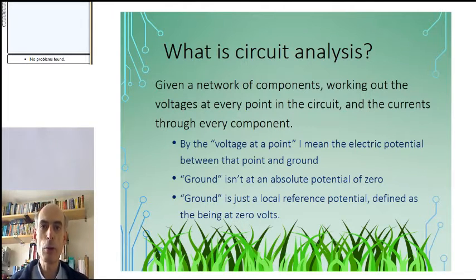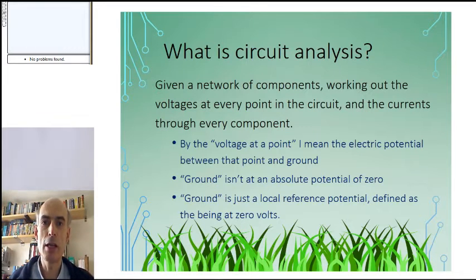Ohm's law is about the difference in voltages across a resistor. A voltage source ensures that the difference between the voltages on its two sides has a certain value. Kirchhoff's voltage law is all about the sum of the voltage changes as you move across components in a circuit. None of these laws tell us anything about the absolute value of the voltage at any point in the circuit, because it doesn't really matter.